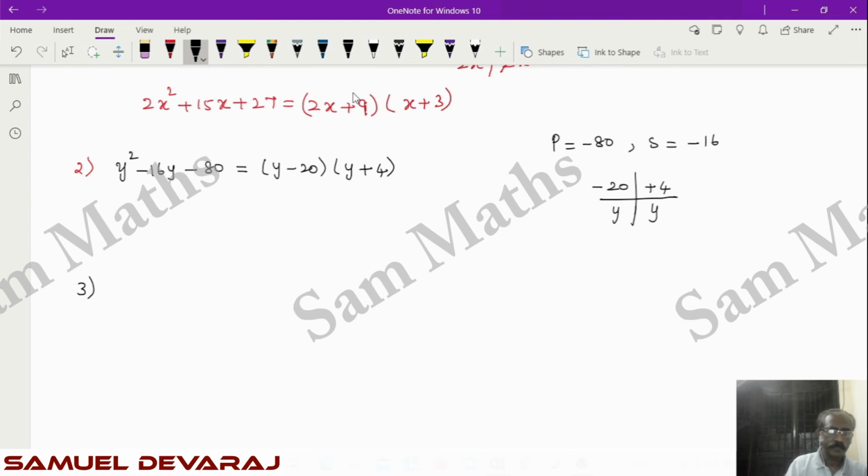Third one, a square plus 10a minus 600. You try to factorize this. Here the product is minus 600 and the sum is 10. Can you guess the numbers?